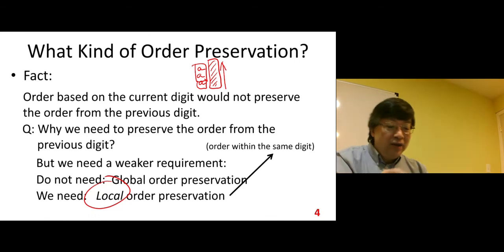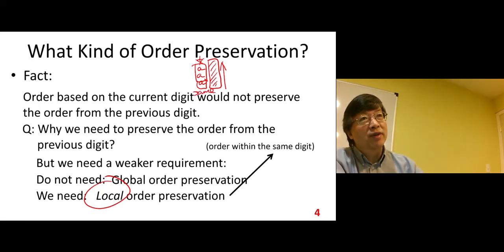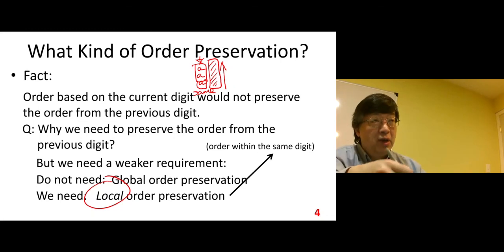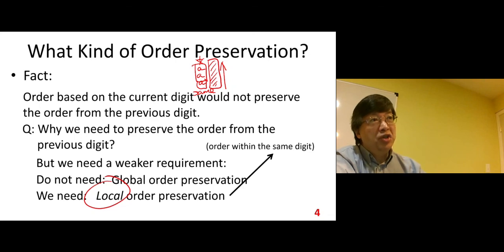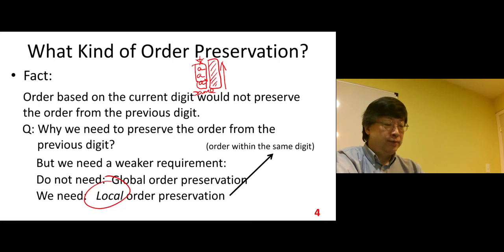Under the condition that the current digit is the same, if the order is preserved, then that's enough for us. That's our analysis. Once we have this point, it will be much easier to get the whole array sorted.